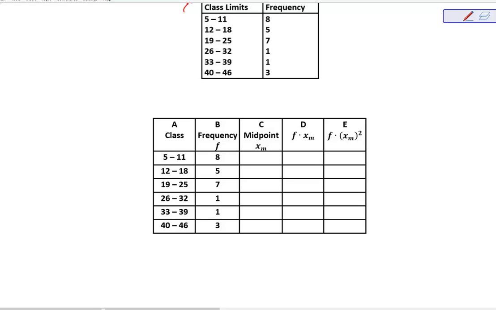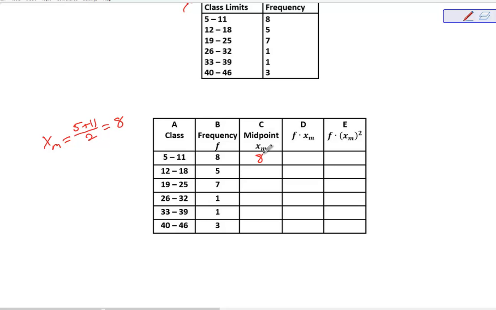So what we're going to do is remember that the midpoint is taking our class limit 5 plus 11 and dividing by 2. Okay, so 5 plus 11 divided by 2 gives us an 8 for our midpoint.